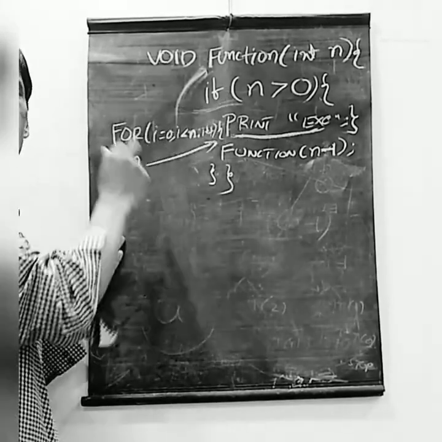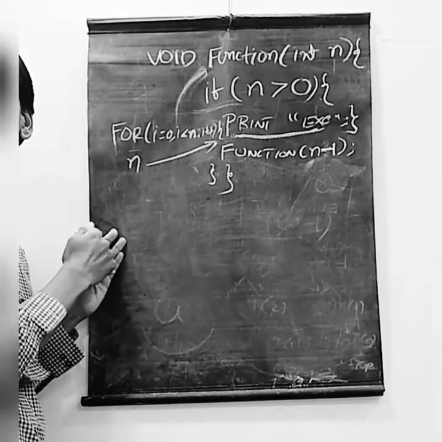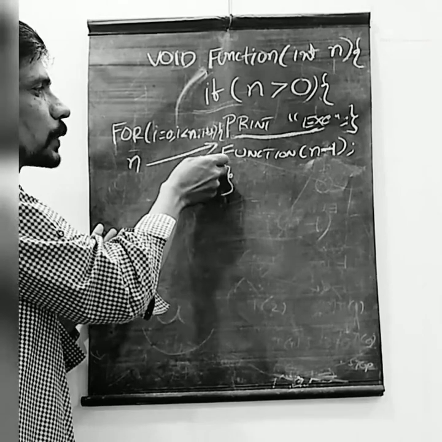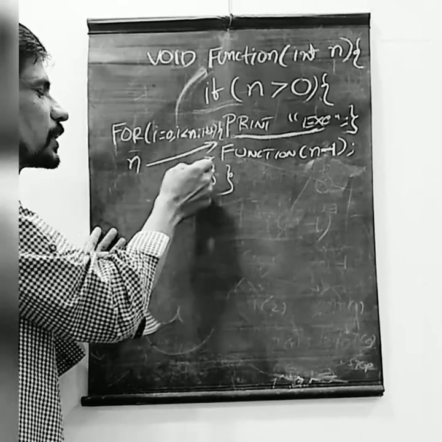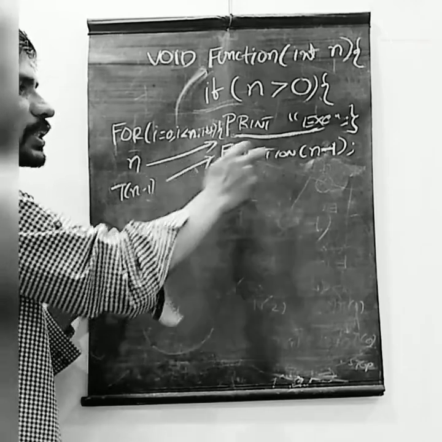Previously it was 1, now because of our for loop, it requires n. Now as usual, this is the same: t of n minus 1, because there is no change here.